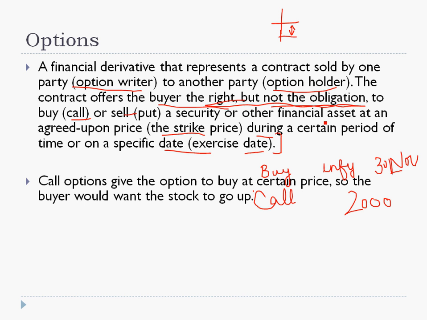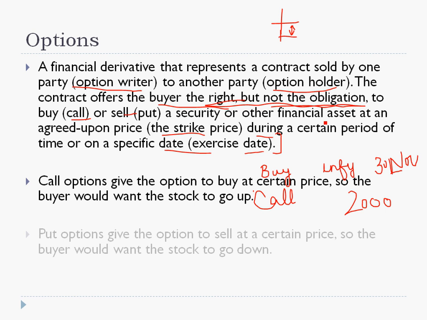A call option gives the option to buy at a certain price, so the buyer would want the stock to go up. A put option, on the other hand, means that I want to sell the stocks, so the buyer would want to sell the stocks when they go down.